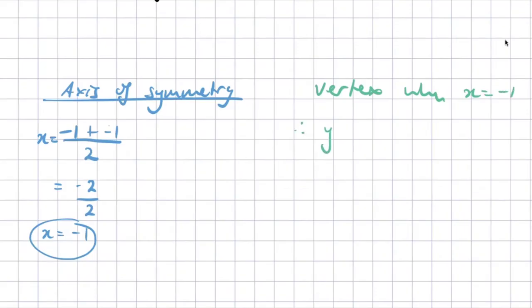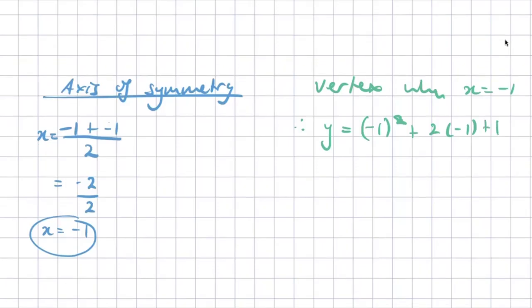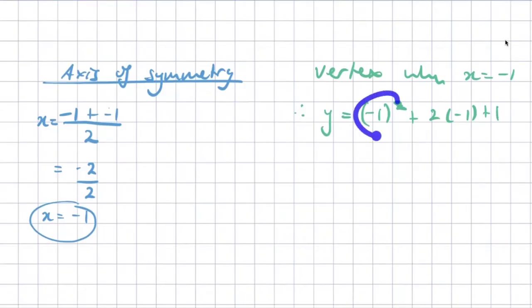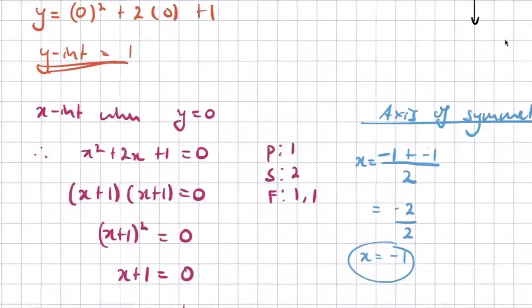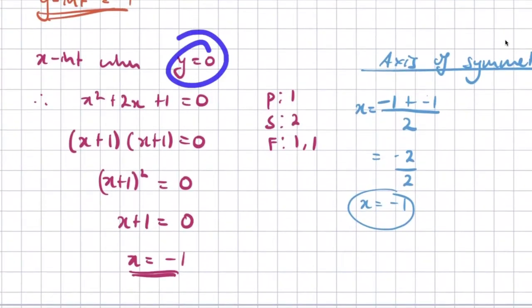Therefore, it's when y is equal to minus 1 all squared plus 2 times minus 1 plus 1. Okay, now you'll notice if you've done this correctly on your calculator, keeping the bracket around the negative, cannot stress that enough, you should end up with y equals 0. So therefore we end up with the vertex being at minus 1 and 0, which makes sense because y equals 0 is also where we find our x-intercept.